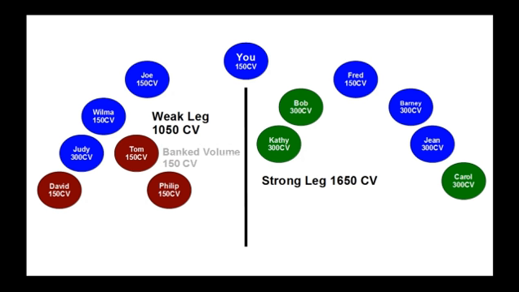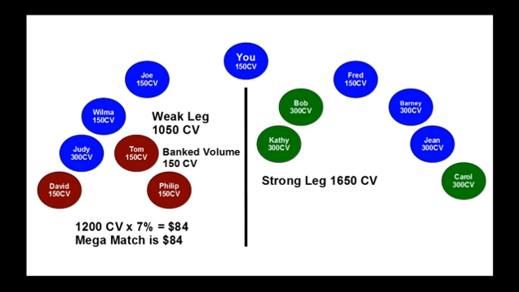Now, remember, last month, because the left-hand side was your strong leg, and you had an extra 150 CV of volume when you compared the volume of your left leg to your right leg, and because you're properly qualified on your Tracking Center 1, Synergy Worldwide takes that bank volume and adds it to your weak leg. So instead of paying you a basic commission on 1,050 CV, they pay you a basic commission on 1,200 CV.